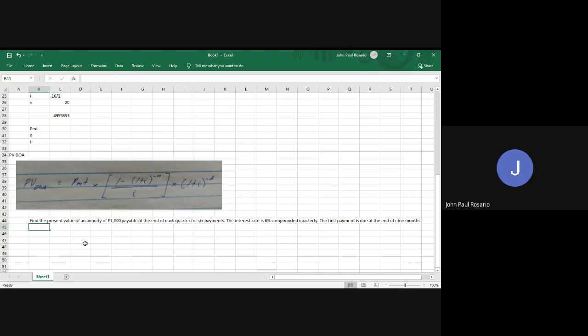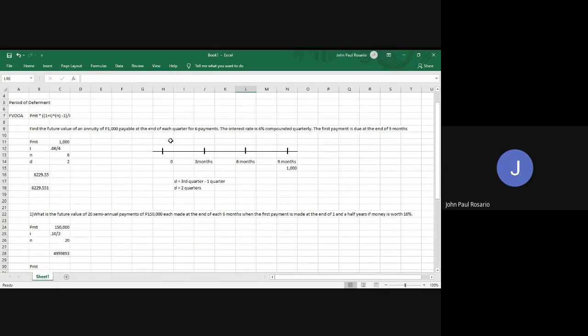So we now know here that our payment is 1,000, for 6 payments, so our N is 6. Our I is 0.06 over 4. And what is our D, guys? What is our D? 2.